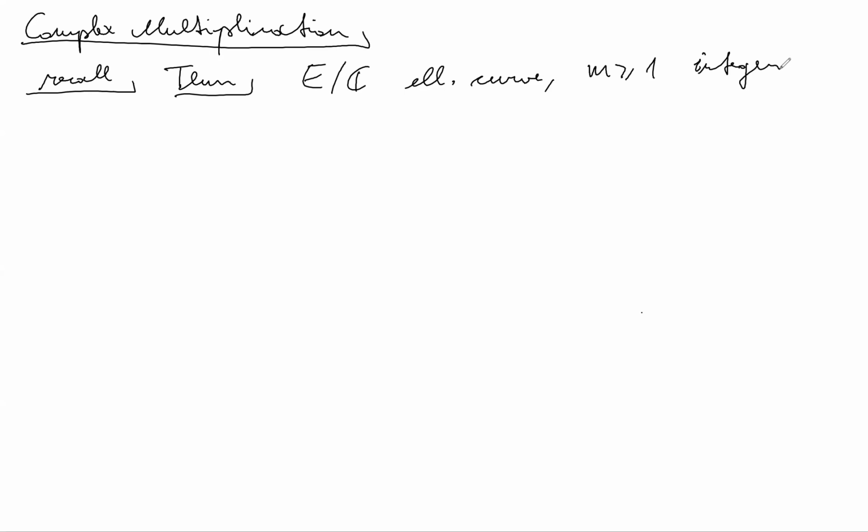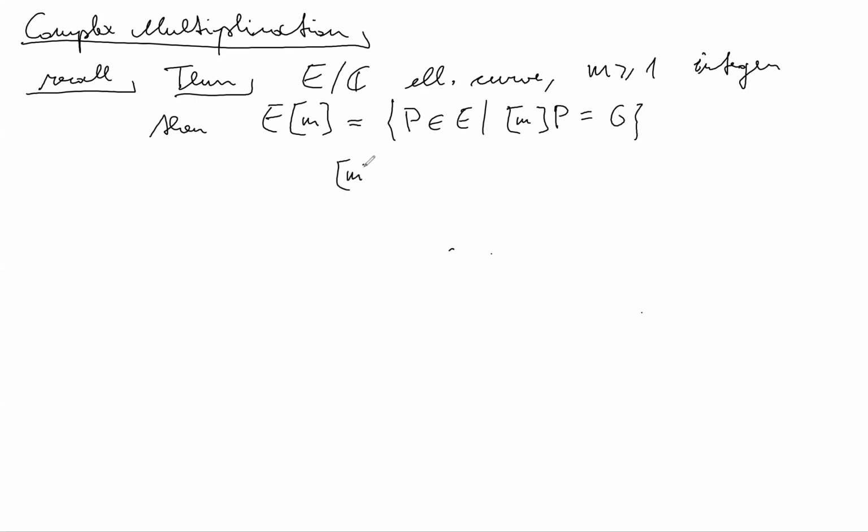And then we saw that we can look at this torsion group E[m], which we define to be all the points on E such that m times the point is 0. And so we have this map which goes from E to E, and it takes a point P to P plus P plus P plus P, and so on, m times.